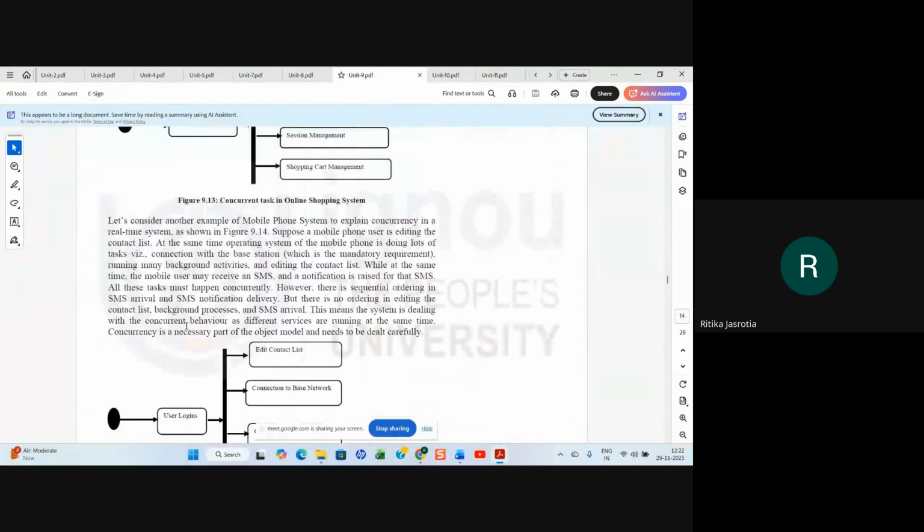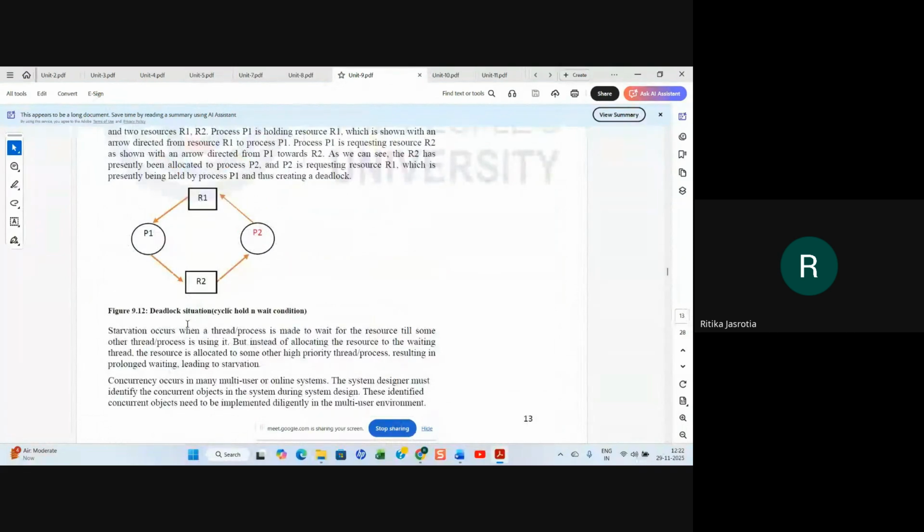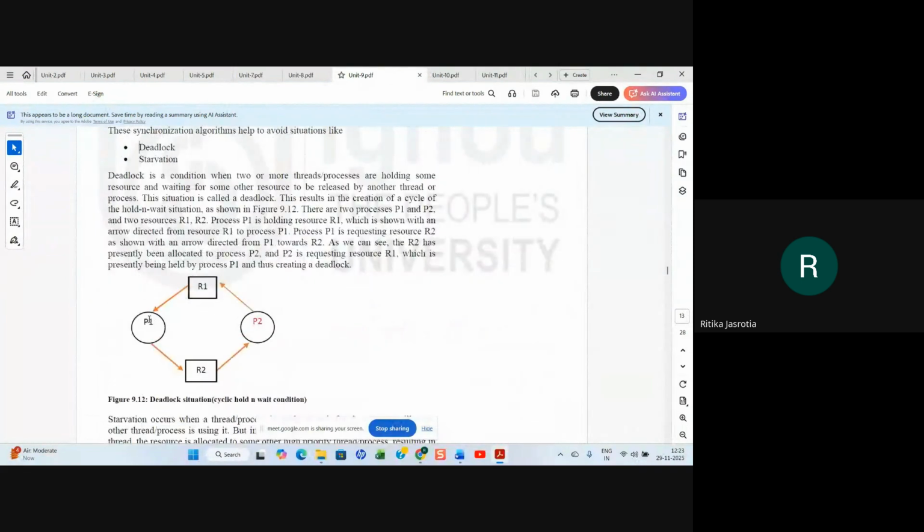If you are running two or more processes or threads simultaneously, here there are two processes. P1 is using R1 as a resource, and P2 is using R2 as a resource. To complete, process 1 needs R2 as a resource, and process 2 needs R1 as a resource.